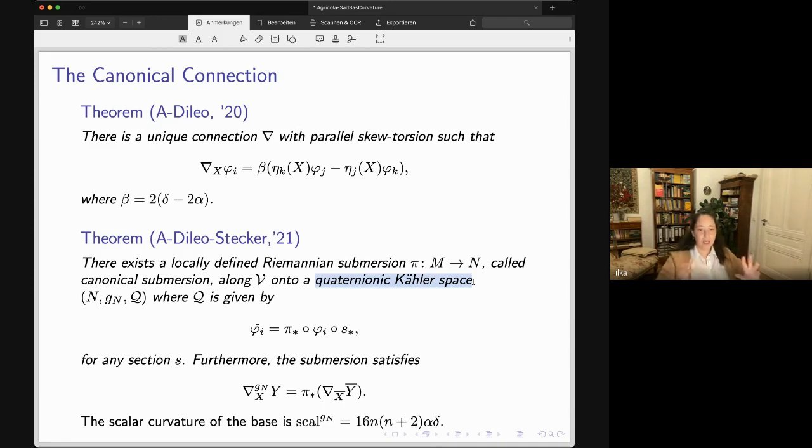And the quaternionic Kähler structure is just what we would assume, namely it's the projection down of the phi_i's, which were part of my free contact structure.